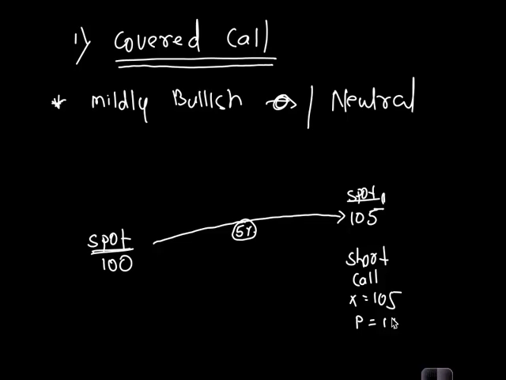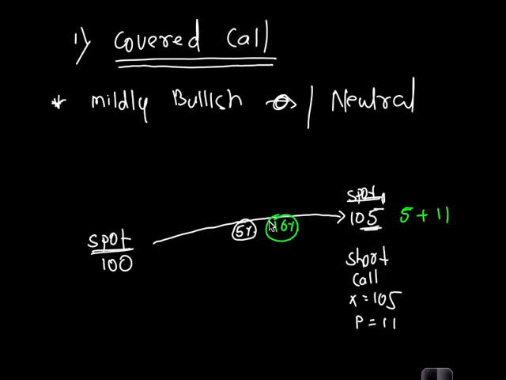Now imagine what happens if you are right about your prediction. If on the date of expiry the spot price actually turns out to be 105, then you will earn 5 on the underlying, plus you will earn 11 because the option would remain at the money. So your total return, you would be able to enhance up to 16% by employing this strategy.